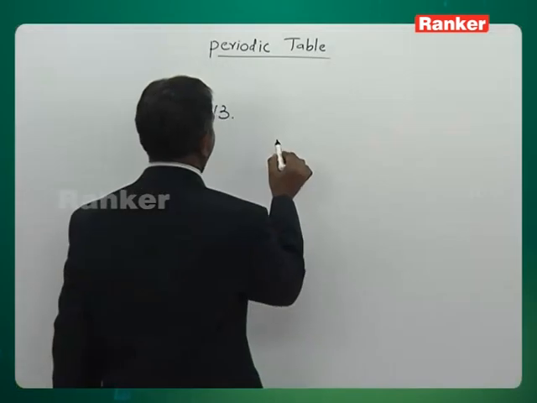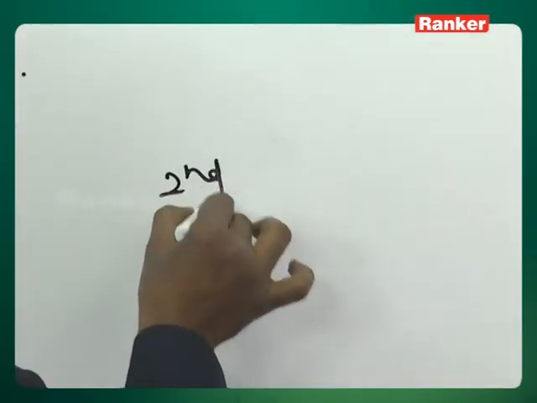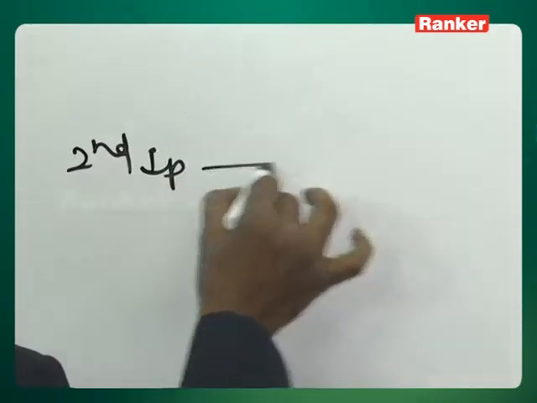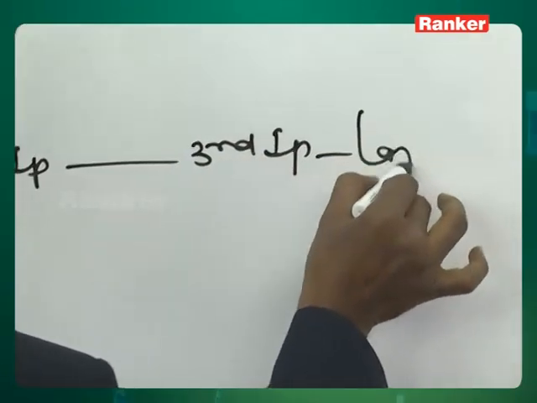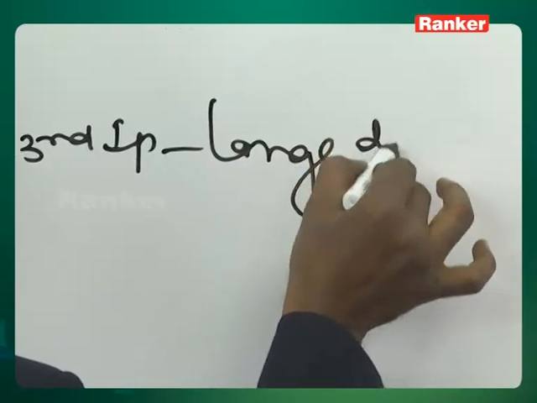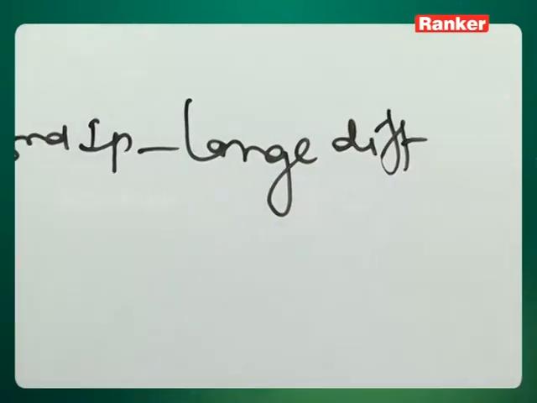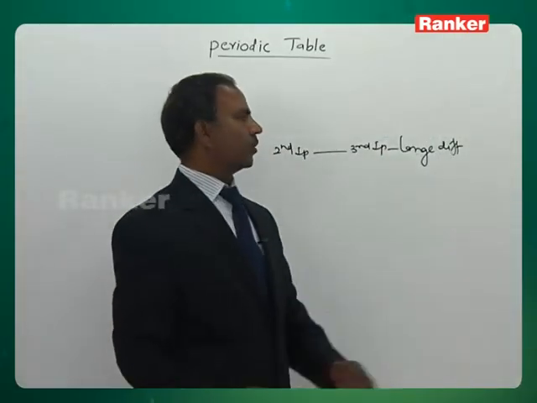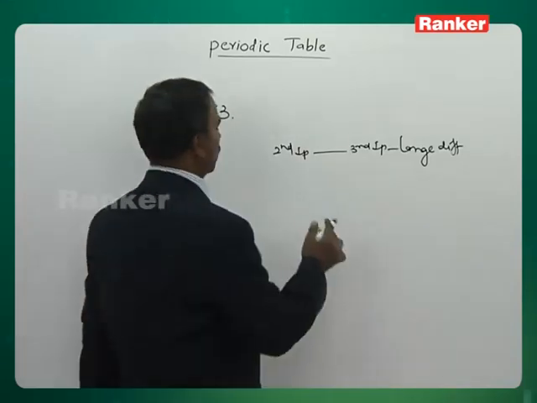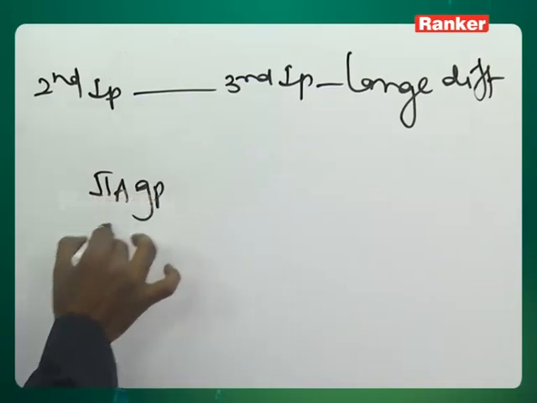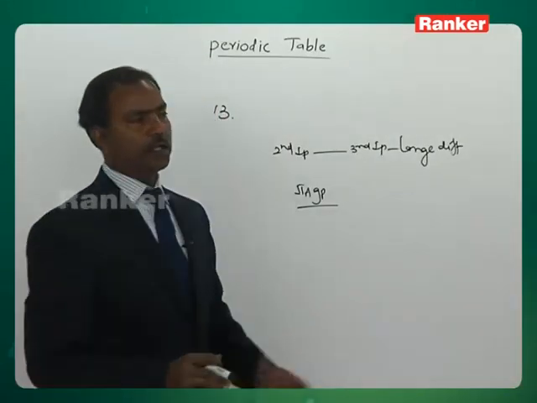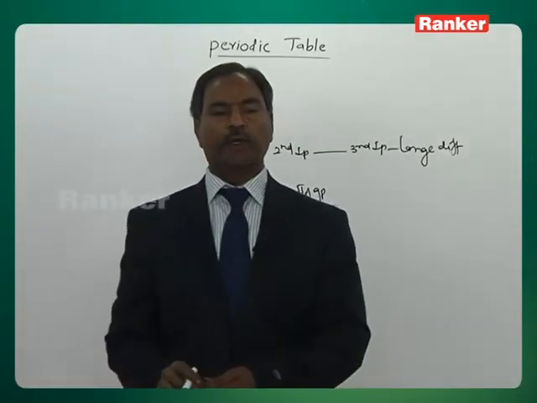Wherever there is a large difference from the second to the third IP, that belongs to a second A group element.